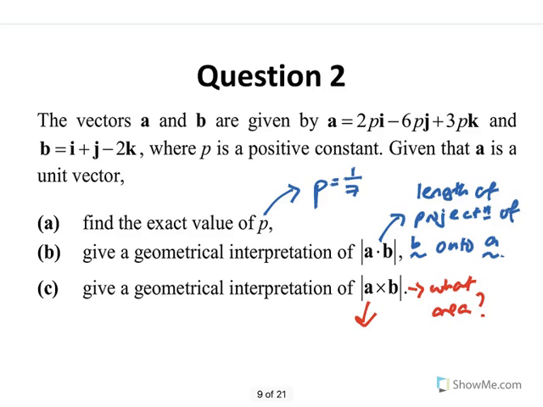Rectangle. Must it only be a rectangle? Can it be a trapezium or not? No, cannot. It's a parallelogram. Must be a parallelogram. You must know this.